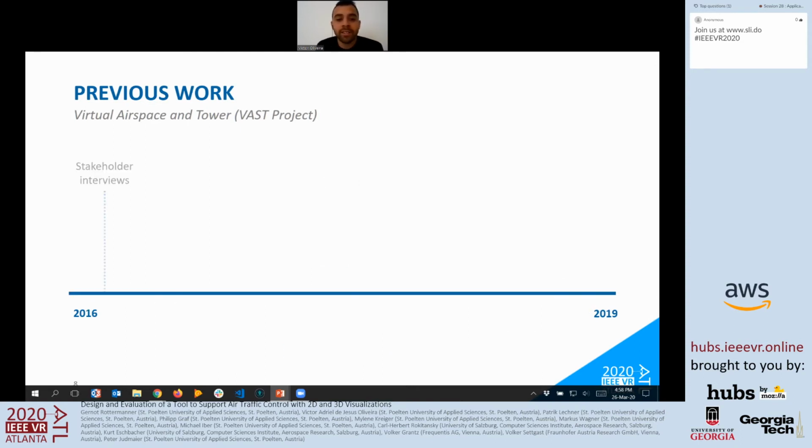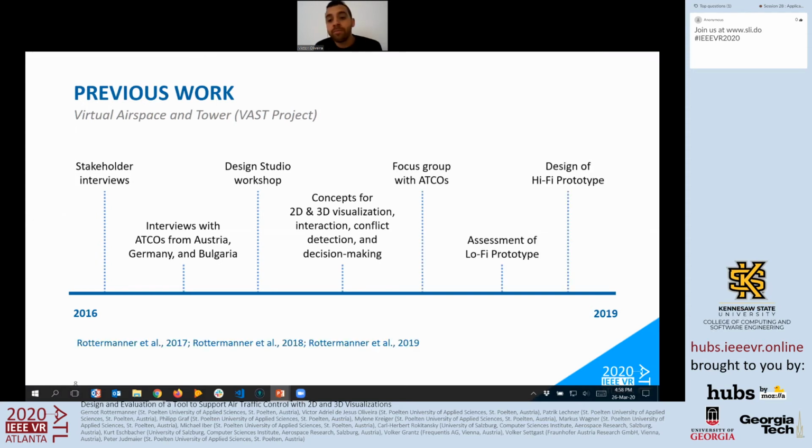During this time, we have done interviews with many stakeholders in the field, including ATCOs from Austria, Germany, and Bulgaria, and workshops to design more than 12 different concepts for 2D and 3D visualization, which include touch tables, tablets, and headsets for augmented and virtual reality, to come up with a final prototype, which was designed and assessed as a low-fidelity prototype and evaluated with focus groups.